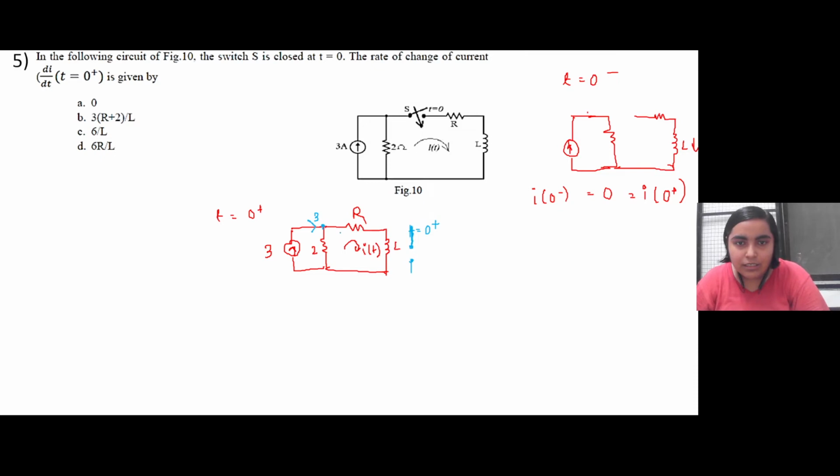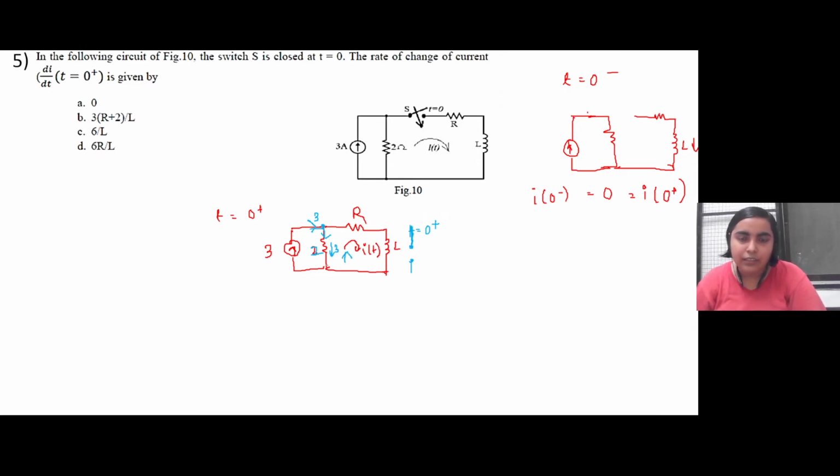And as such, the entire current 3 ampere will start flowing through this 2 ohm resistor. So 3 ampere current is flowing in this direction, and I of t's current will start slowly to flow along this direction, right?